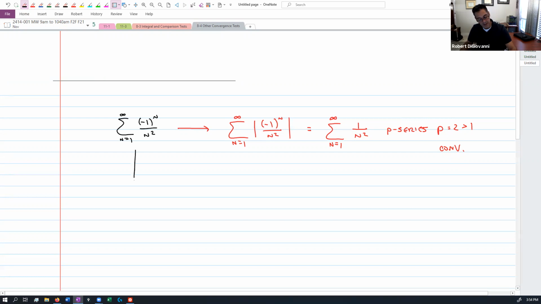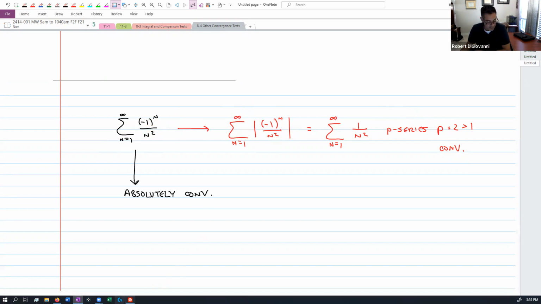It means that we can say that this, the terminology here, is absolutely convergent. Right now, we're not talking about the convergence of this. We're saying if the absolute value of it gives you something convergent, then we will call this thing absolutely convergent. All right, that's it, it's just a definition.